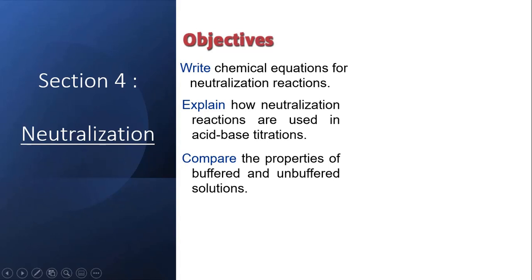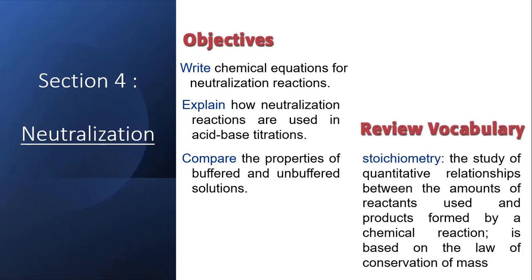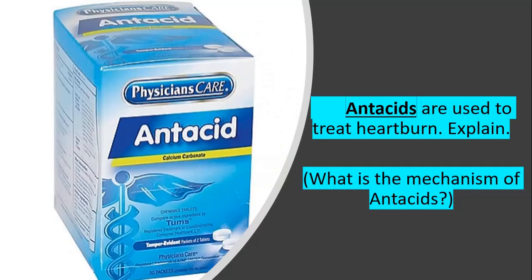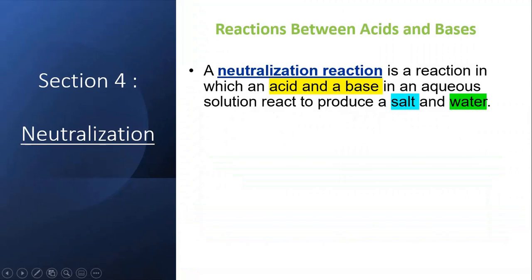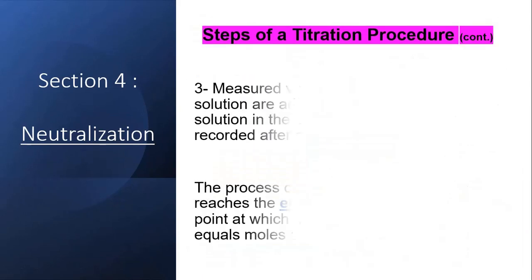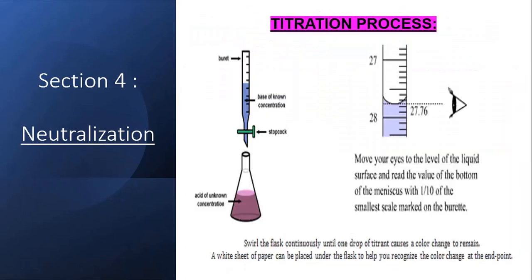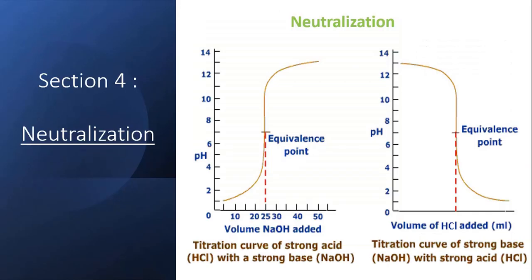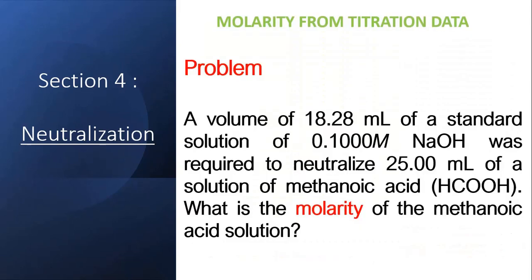So the last objective is to compare the properties of buffered and unbuffered solutions. We have some stoichiometry here, we have some calculations. We'll talk about applications of daily life like antacids. We will have a lot of diagrams that describe everything and how we got them, how we calculate both equivalence point and endpoint.